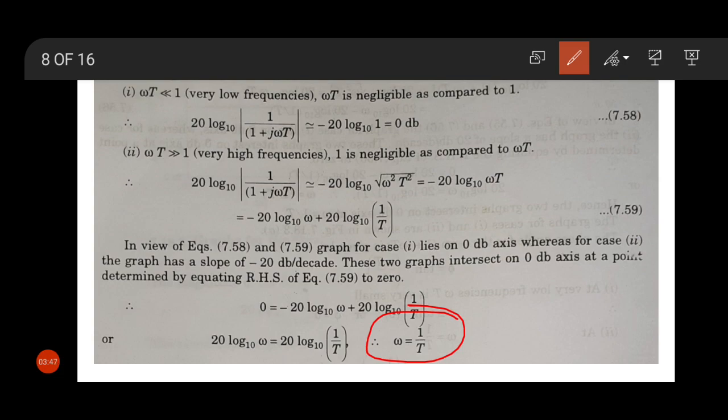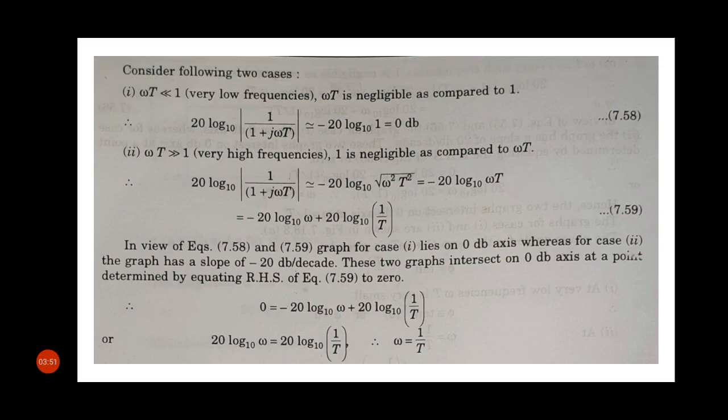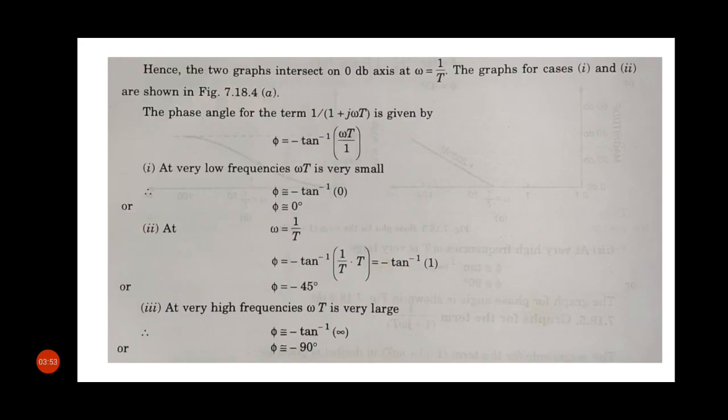So the two graphs intersect on the 0 dB axis at omega equal to 1 by t. Now the graphs for cases 1 and 2 are shown in figure 7.18.4a.